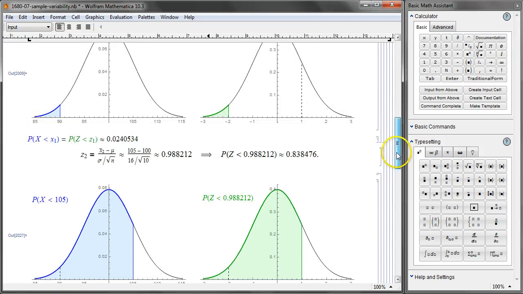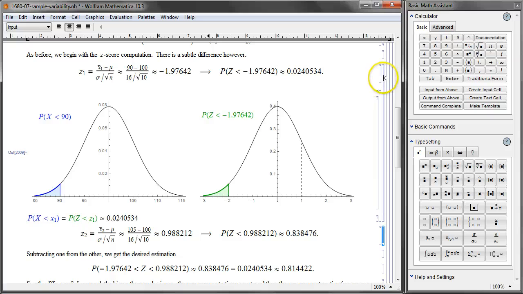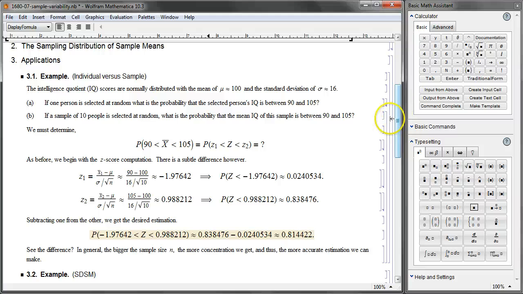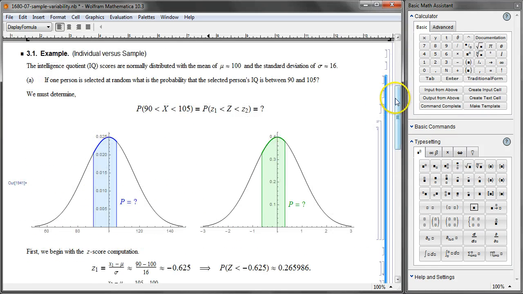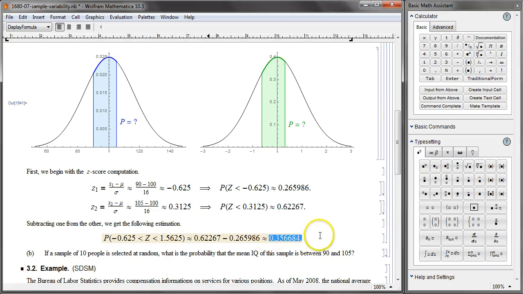Subtracting one from the other, you get .81 something, which means the probability that the mean value of the random sample of 10 people falls in that range is 0.81 something, significantly higher than the probability that one individual falls into that range.